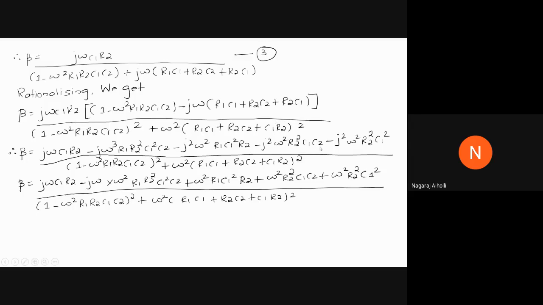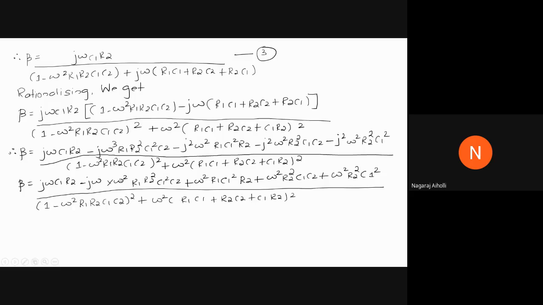And the last term, j omega c1 r2 into minus j omega r2 c1, will be j square omega square c1 square r2 square, divided by 1 minus omega square r1 r2 c1 c2 the whole square plus omega square into r1 c1 plus r2 c2 plus c1 r2 the whole square. So that is beta is equal to j omega c1 r2 minus j omega.